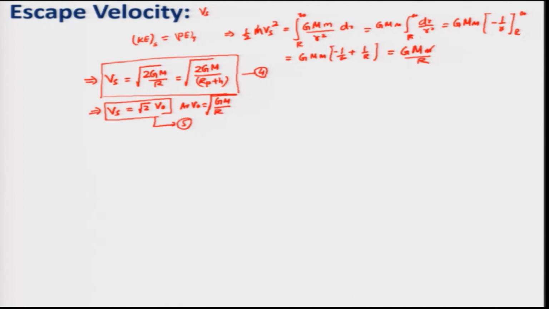From the earth surface we know very well that the escape velocity is something like 11.2 kilometers per second. That means, if you want to escape the gravitational pull of the earth, you will have to impart around 11.2 kilometers per second to that vehicle such that it can go away.